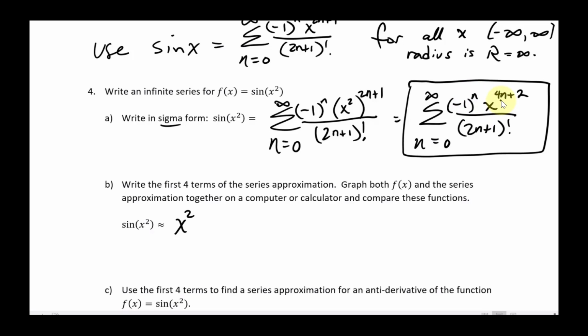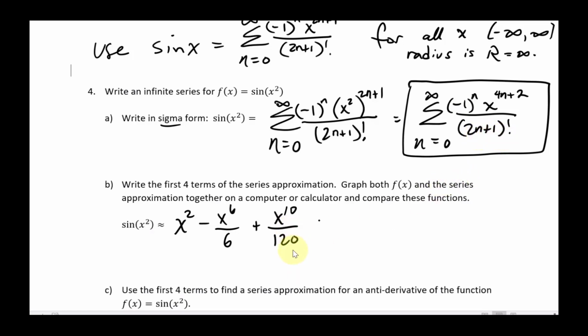Putting in n equals 0 here, I get x squared, and n equals 0 here, I just get 1. So the first term is just x squared. Next I plug in 1. So that's 4 plus 2, that's where I get 6, over, of course, plugging in 1, you get 3 factorial, and 3 factorial is 6.